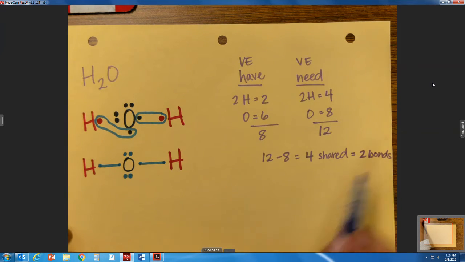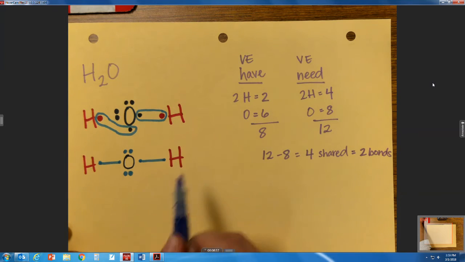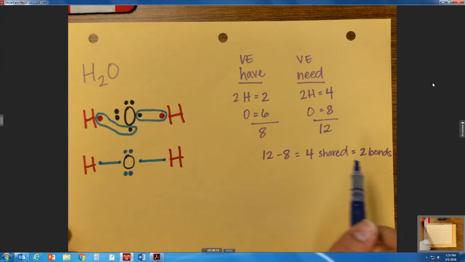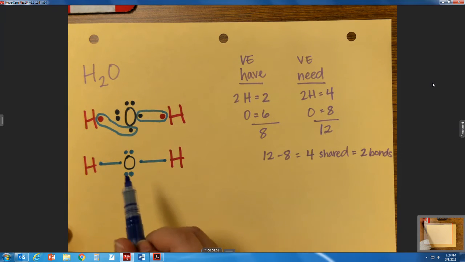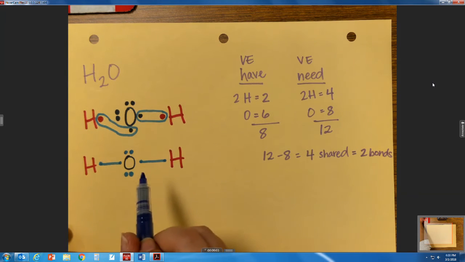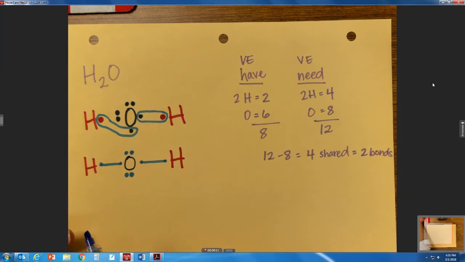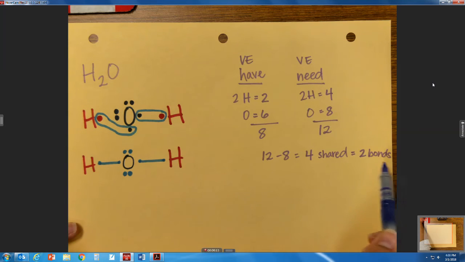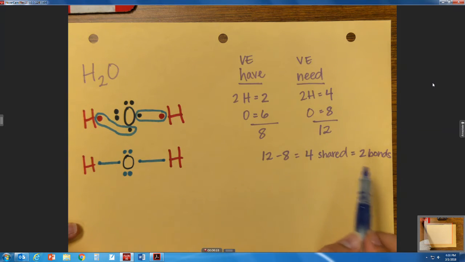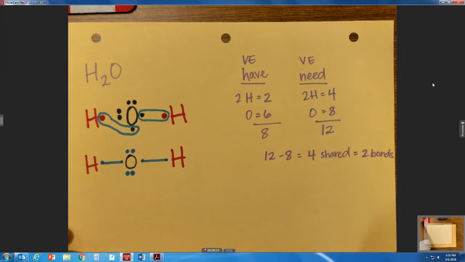And when we check our work, well, we already did it. Do we have 2 bonds being shared by our central atom? We do. We have 2 bonds, 1 and 2. Remember, your bonds always refer to your central atom. How many bonds does your central atom have?